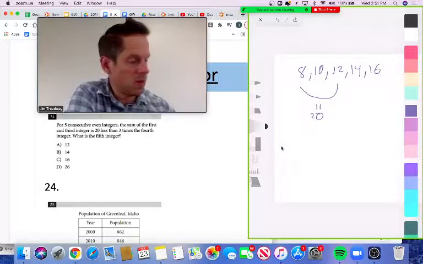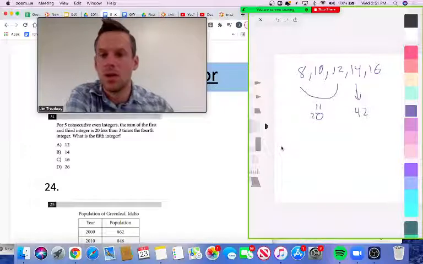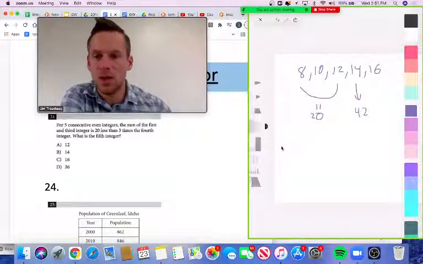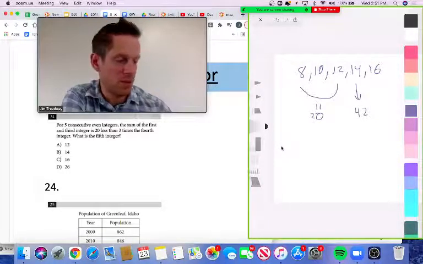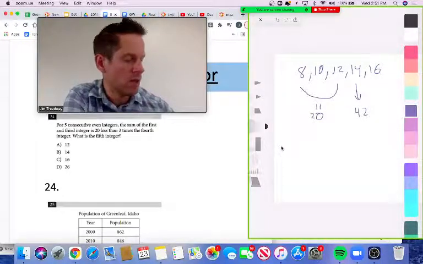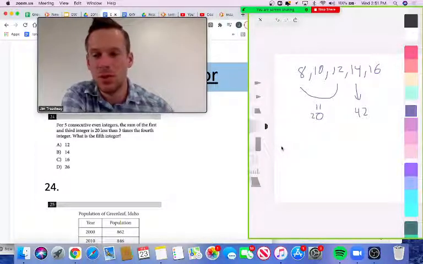So third integer times 3, it's going to be 42. So sum of the first and third, 20, is 20 less than 3 times the fourth integer, 14. So we're just off. We're not 20 less than 3 times the fourth integer. We are 22 less. So we're close.